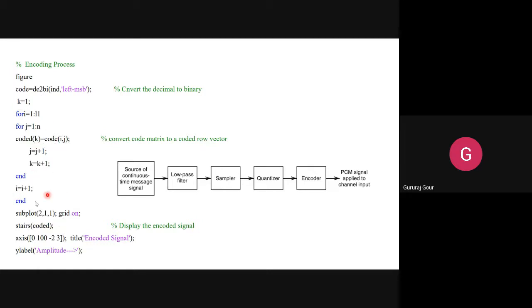We represent it in matrix form because in MATLAB everything has to be represented as a matrix, which is convenient for us. Then we display the encoded signal. So here we complete building the PCM transmitter.